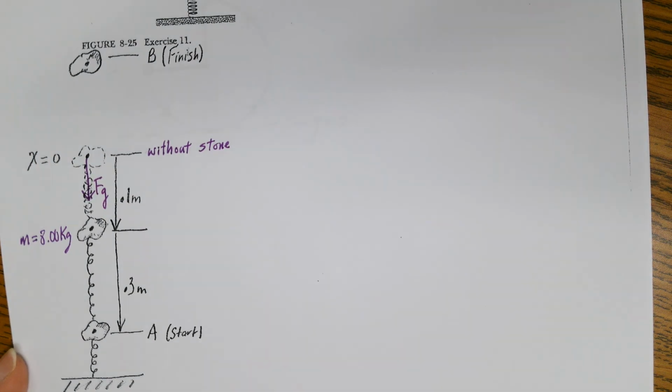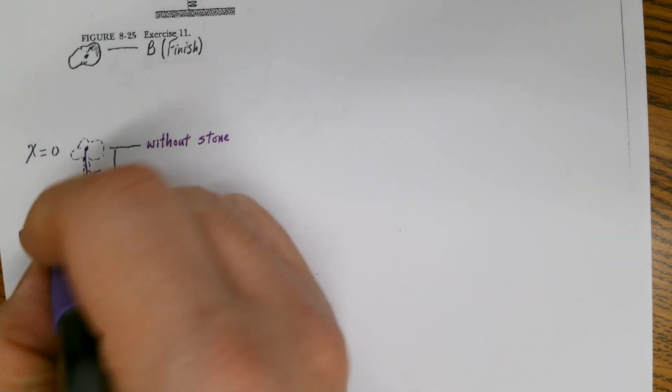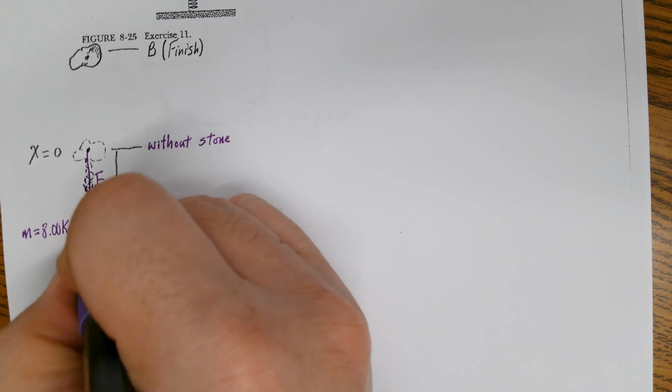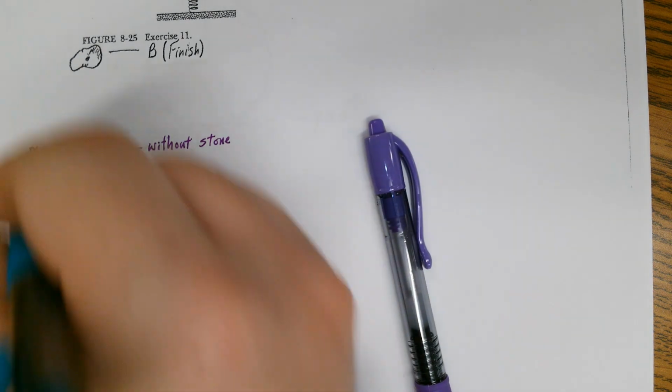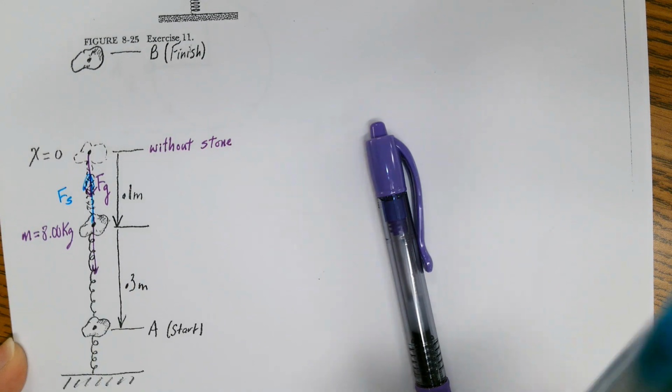So Fg is compressing this, and at this point, Fg is equal to your spring force going this way.